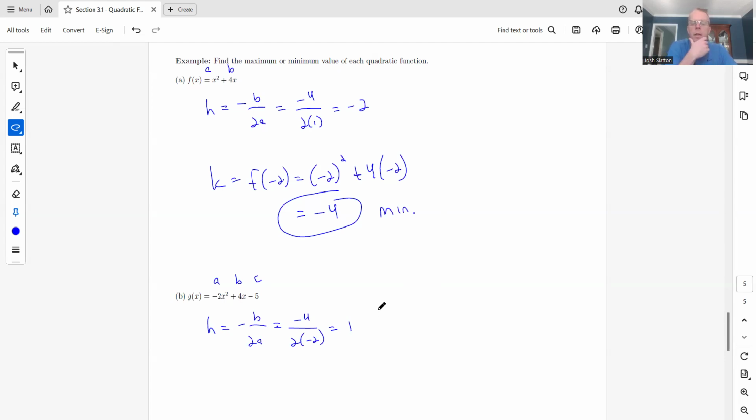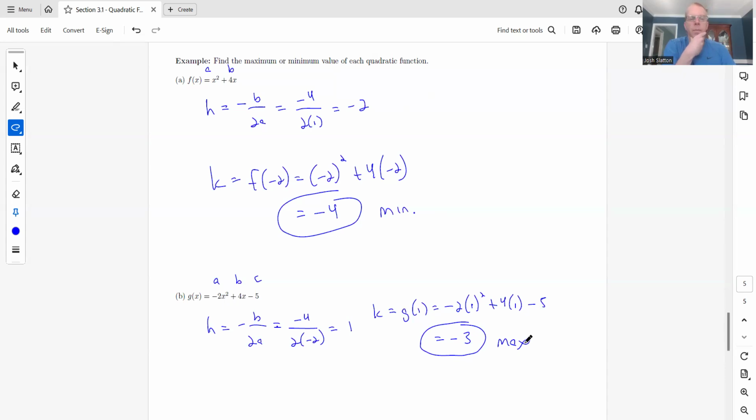Then find k, so that's g of 1, which would be -2 times 1 squared plus 4 times 1 minus 5, and that gives us -3. In this case, that will be a maximum because we are opening down.